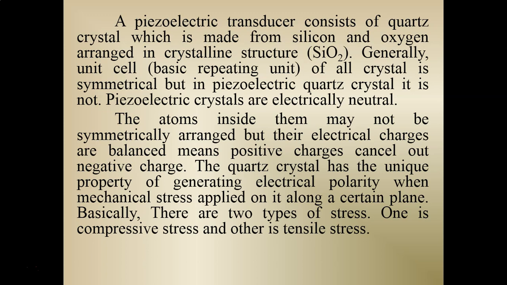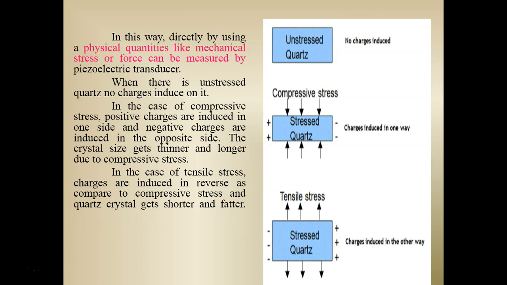It consists of a quartz crystal which is made up of silicon and oxygen arranged in a crystalline structure. There are two kinds of mechanical stress or force here: compressive stress or tensile stress.